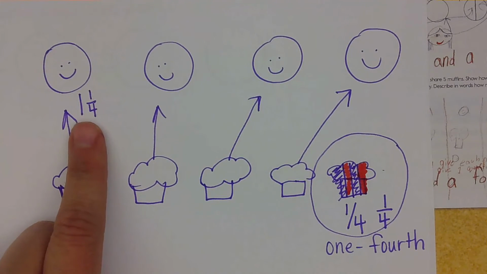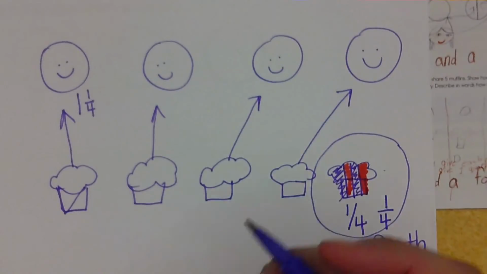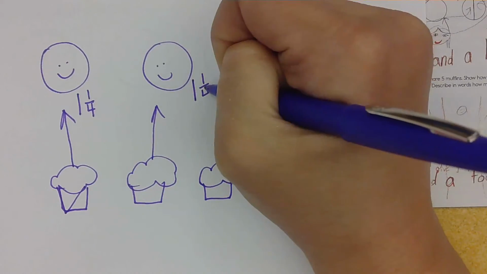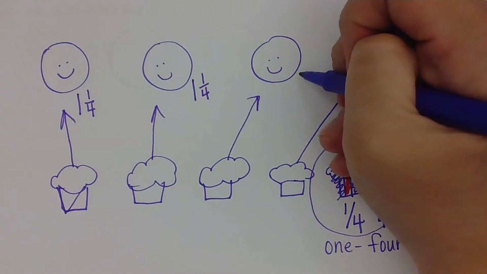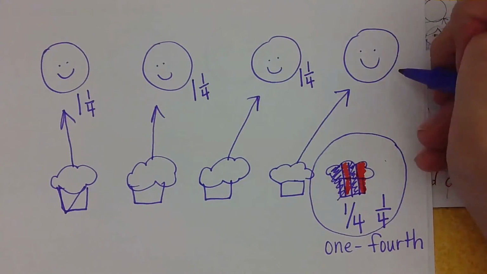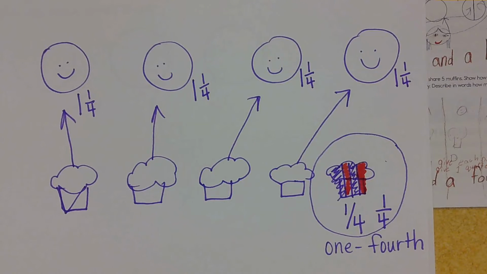I don't need to write the word and in between. I read it like this, 1 and 1/4. So the first child gets that much. The second child gets 1 and 1/4 pieces, 1 whole muffin and 1/4 of another piece, 1 whole muffin and 1/4 of the last muffin. So this is the name that we would give to it.